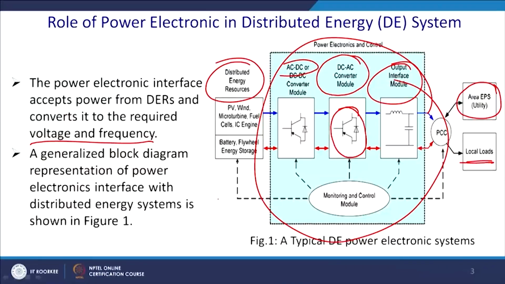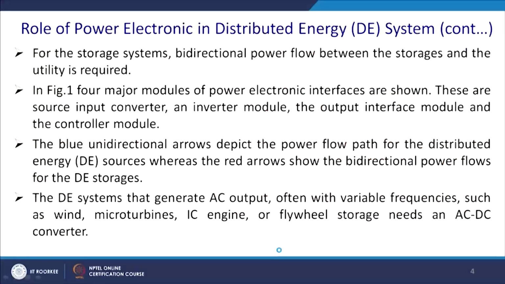So, input can be of different voltage and frequency, and to make it standardized we require the power electronics. Now, for the storage system, bidirectional flow between the storage and the utility is required. So, you can charge or discharge the battery, and for this reason we require bidirectional flow.